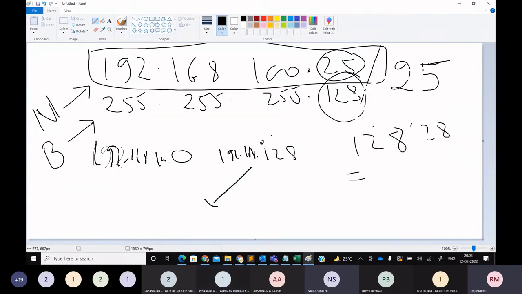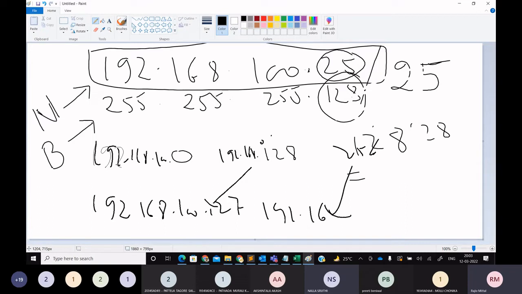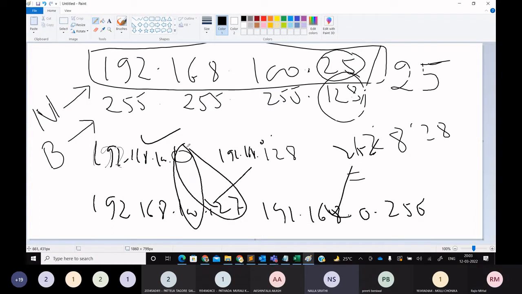Then you subtract 1 from here, and it becomes 192.168.100.127. Next will be 128 plus 128, 256. You reduce 1 and write 192.168.100.255. Now the 25 will come between 0 and 127.